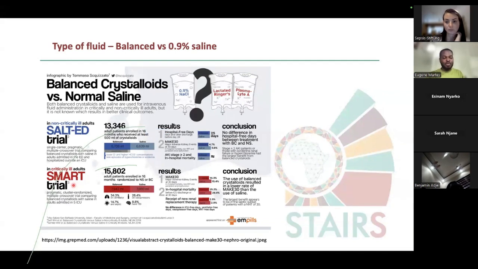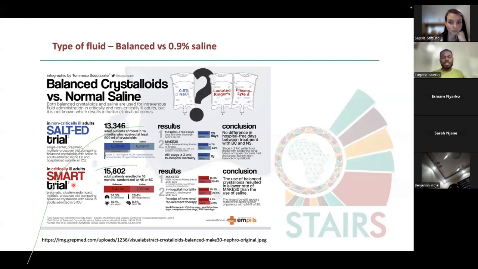In effect, what they found was that a significant number of patients who received normal saline as bolus had a higher incidence of AKI, a higher incidence of metabolic acidosis, and they had higher requirements for renal replacement therapy.